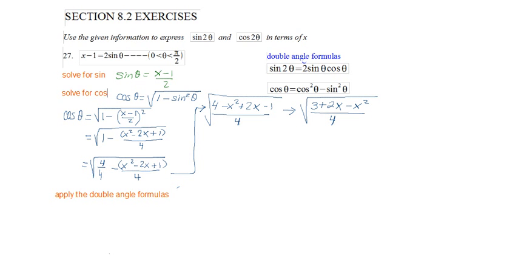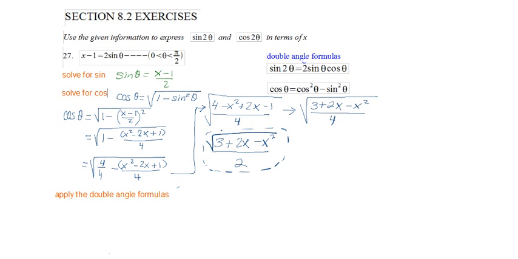Well, the numerator stays with the radical. So square root of 3 plus 2x minus x squared divided by 2. So we found our cosine. We found our cosine and our sine.